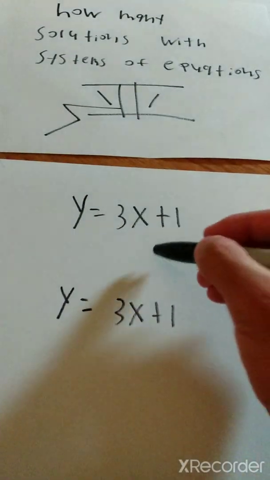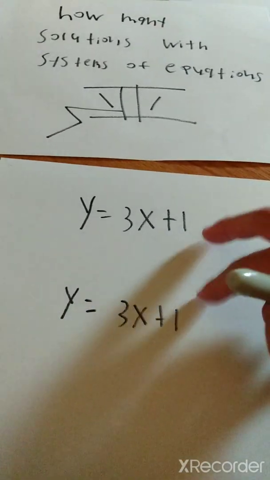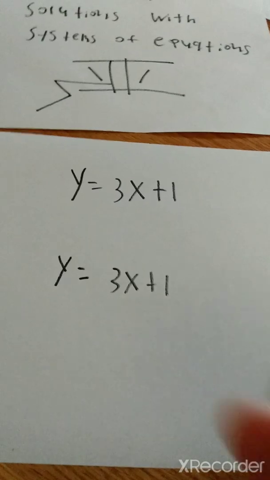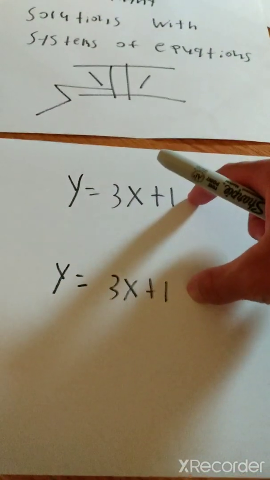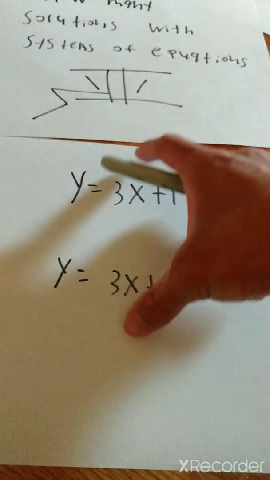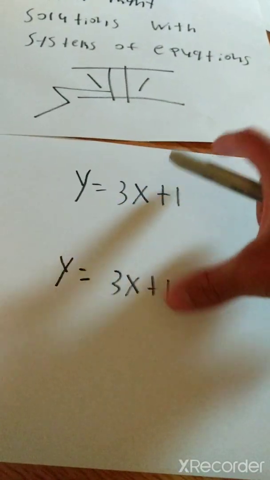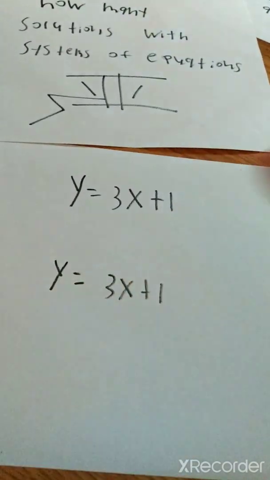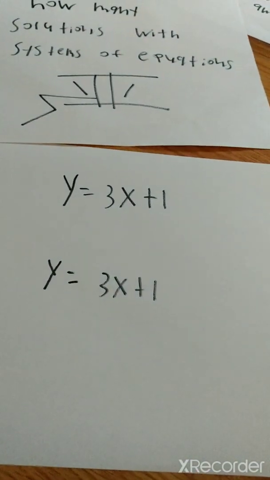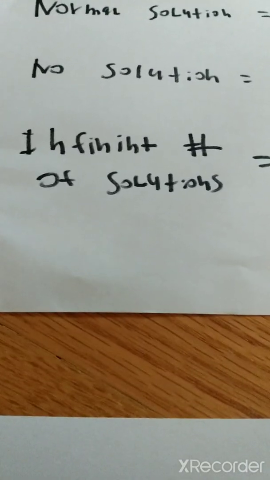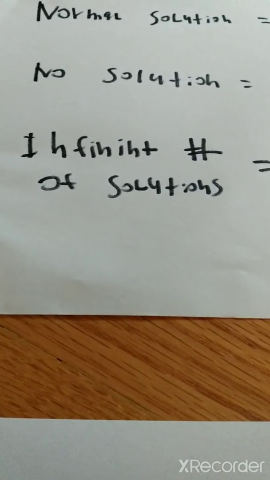The strange thing is that these two are the exact same equation, y equals 3x plus 1. So they're the same slope, the same equation, and we can tell that this will give us an infinite number of solutions.